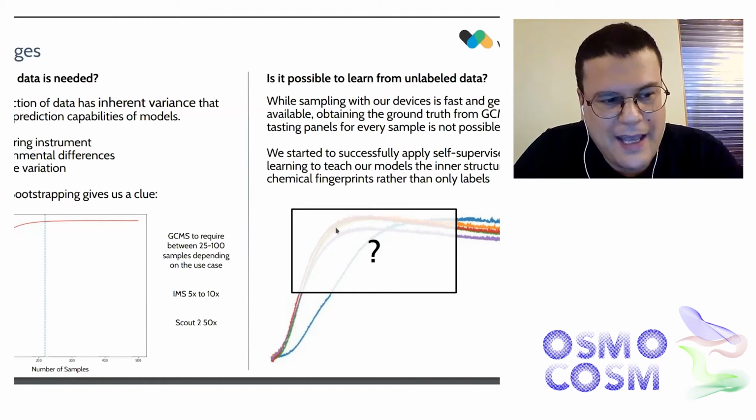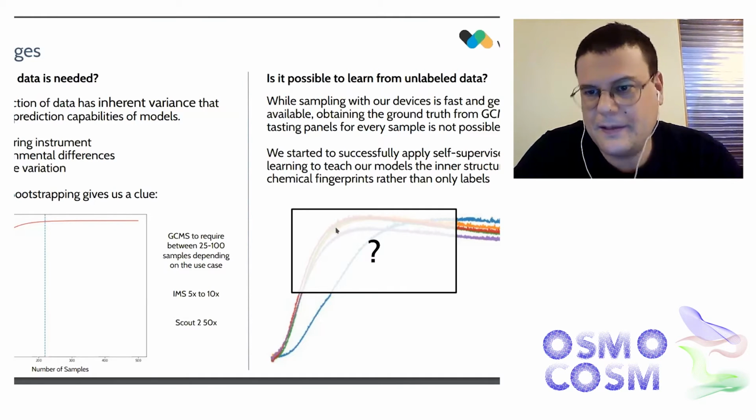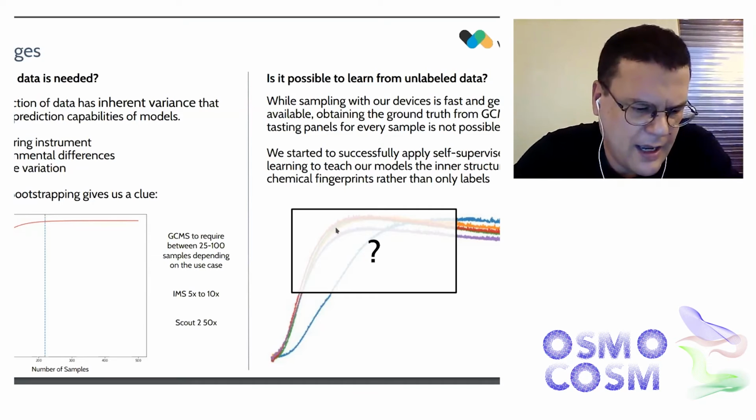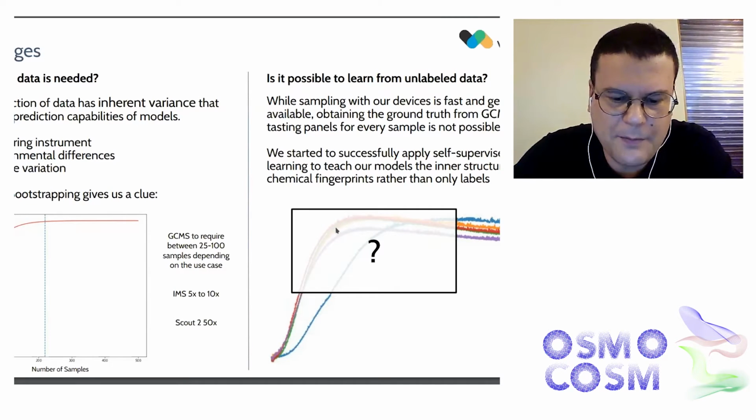not labeled. And one of the techniques we are trying to exploit here is called self-supervised learning, which basically allows you to train some models without using labeled data, meaning that they can learn the internal structure of the data.